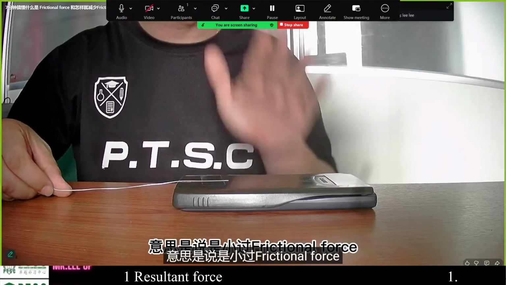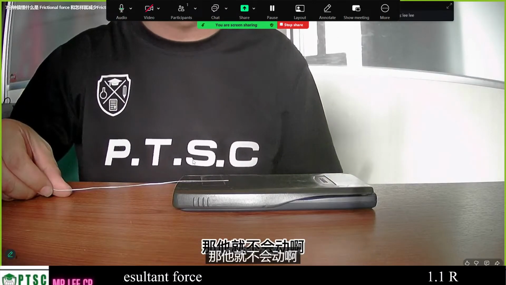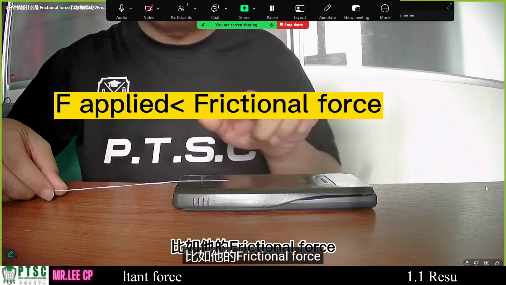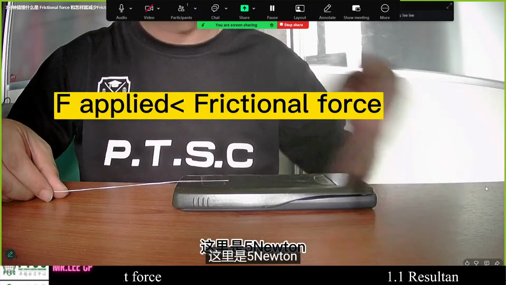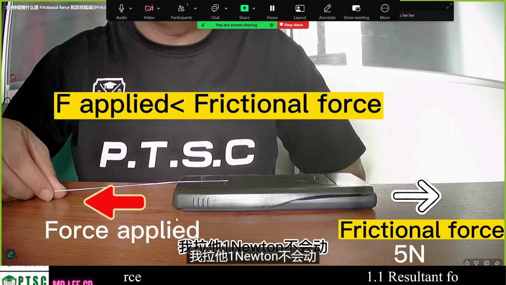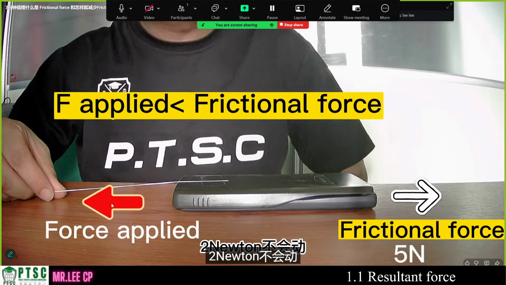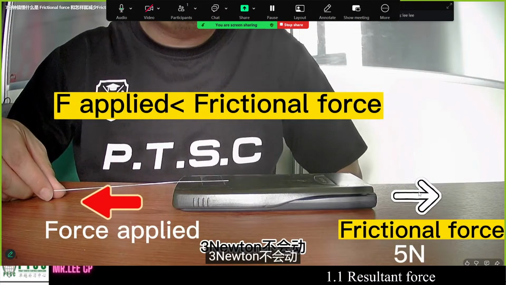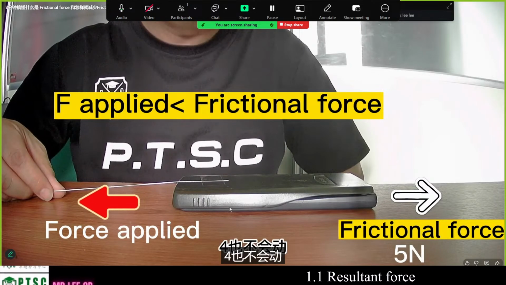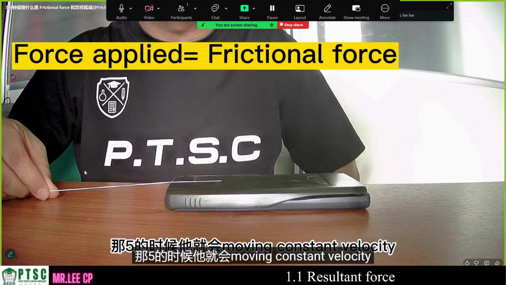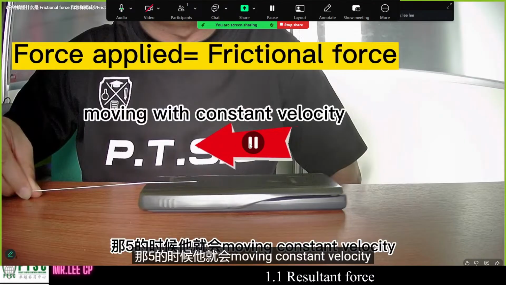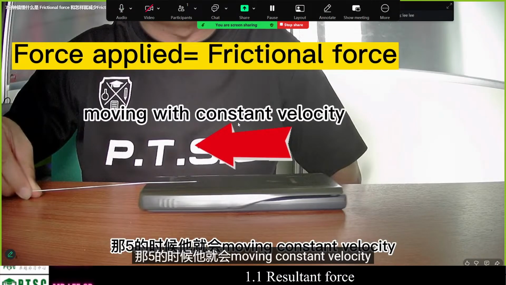If I pull with less than 5 Newton, it is not going to move. So I try a force applied less than the frictional force. 1 Newton, not moving, because the frictional force is 5 Newton. 2 Newton, no. 3 Newton, no. 4 Newton, then 5 Newton, it starts to move.